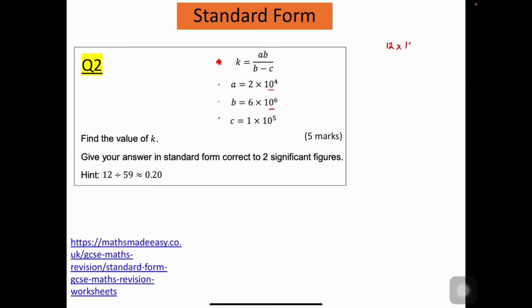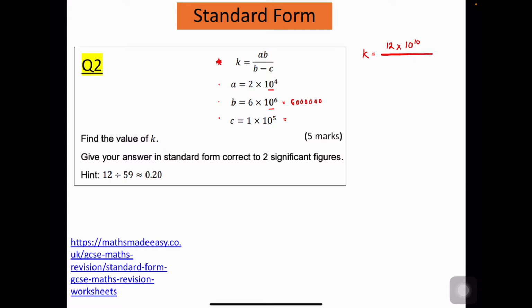So it's going to be 10 to the 10 divided by B take away C. So this is 6 with 6 zeros, so 6 million.